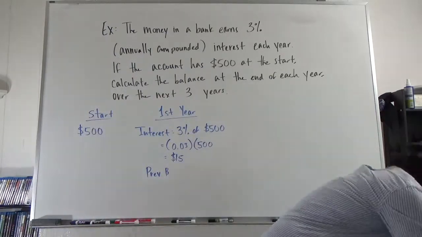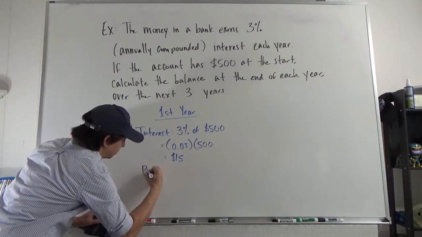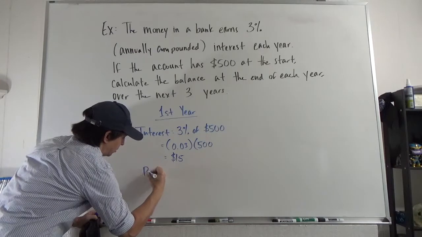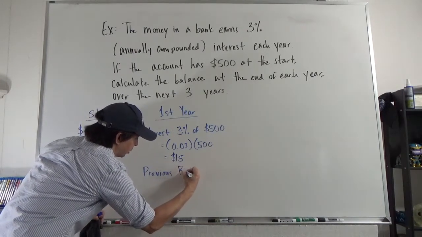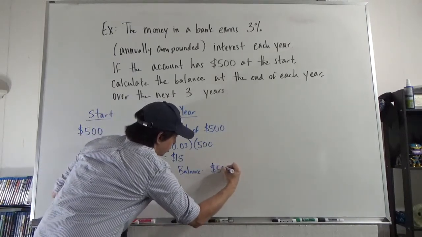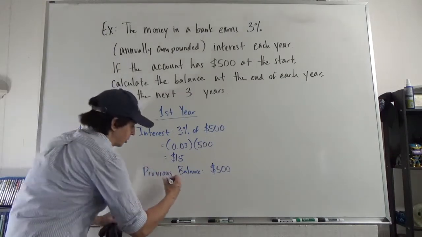Let's look at our bank statement. If you've ever seen a bank statement, sometimes they have a previous balance at the start, which was $500, before they actually added the interest.